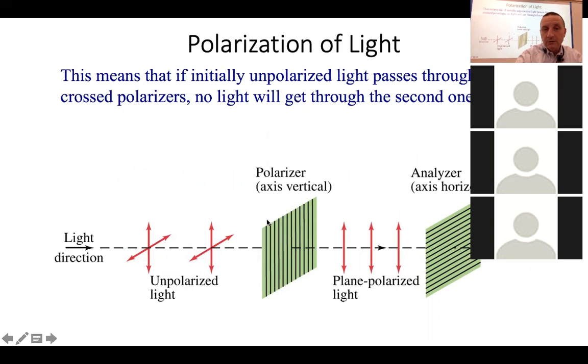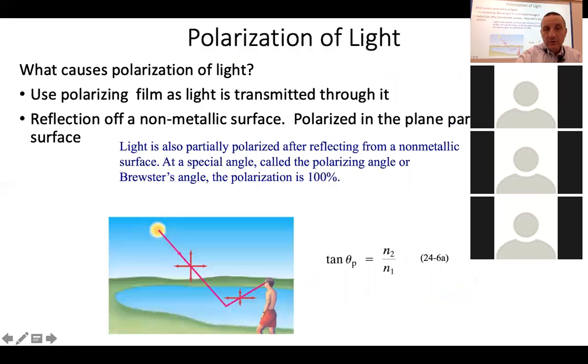So this glare gets eliminated; the horizontal arrow here in our picture off the water gets blocked by the polarizer, and it only allows the vertical to come through.